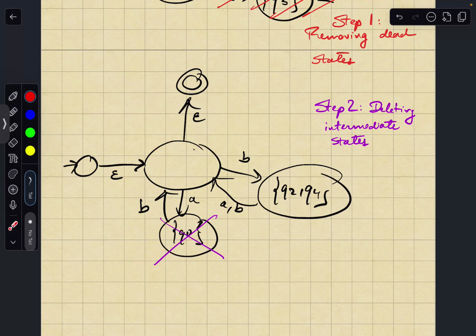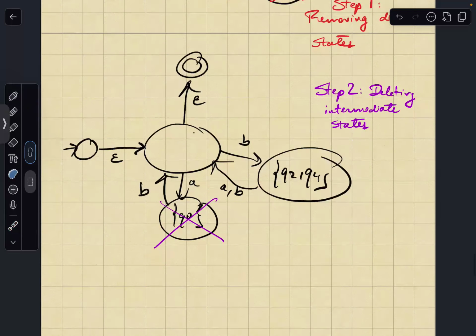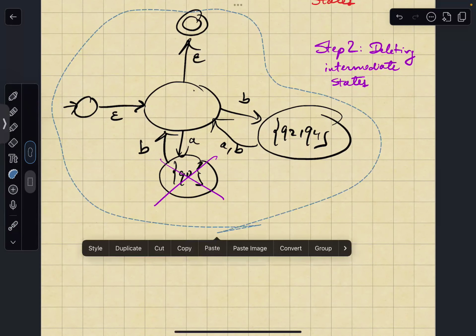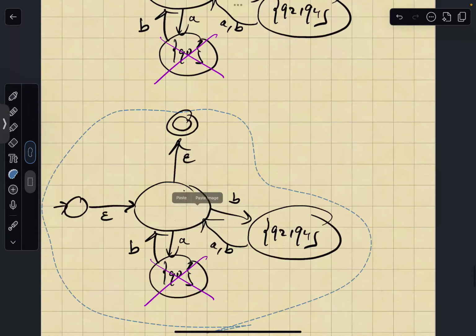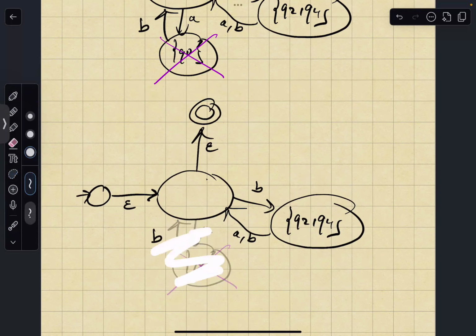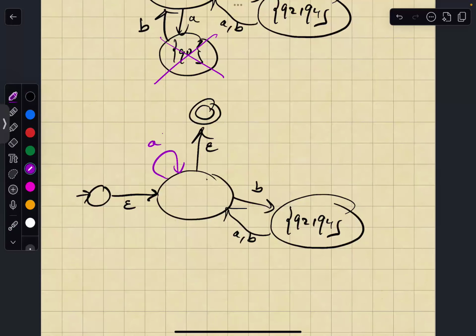So let's do that. Let's copy this, remove this, and write A, B. Okay, so I've deleted that state.